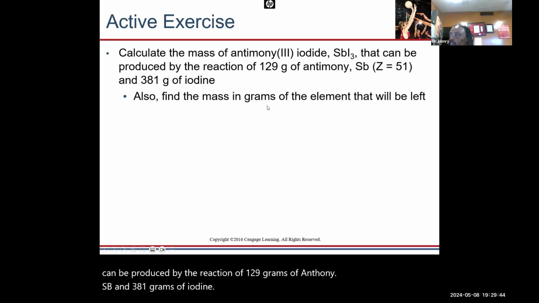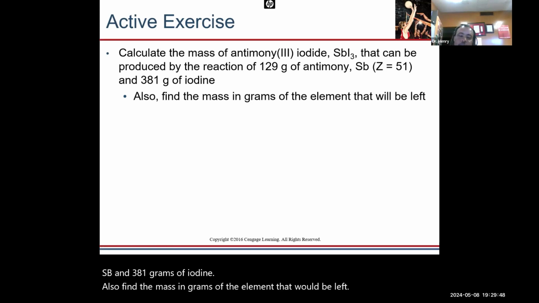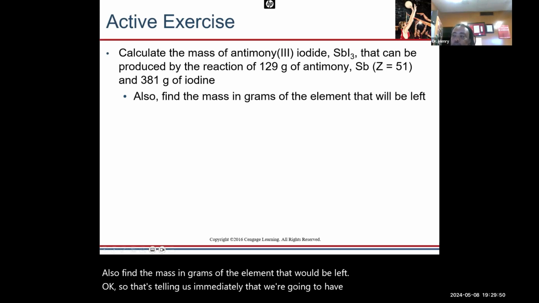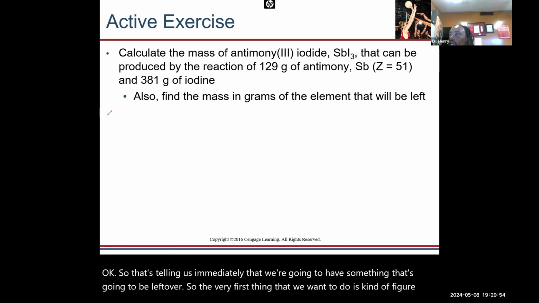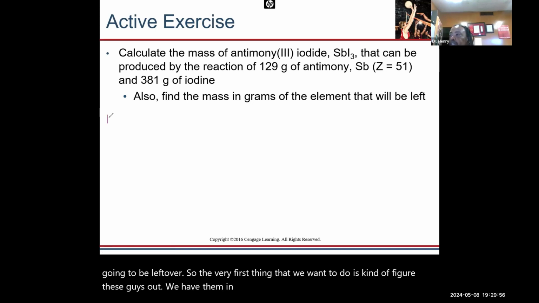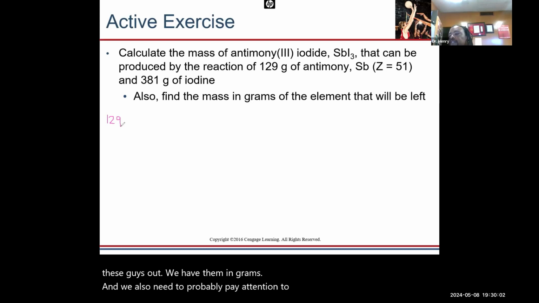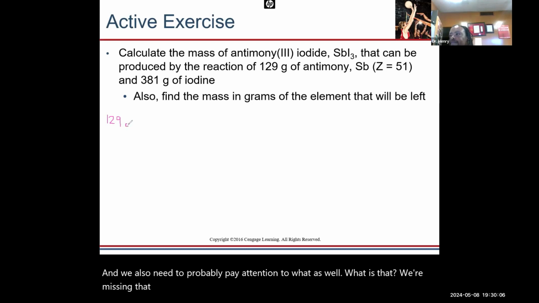Also, find the mass in grams of the element that will be left. Okay, so that's telling us immediately that we're going to have something that's going to be left over. So the very first thing that we want to do is figure these guys out. We have them in grams. And we also need to pay attention to what else is it that we're missing that we can figure out?